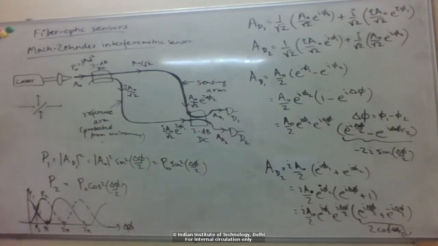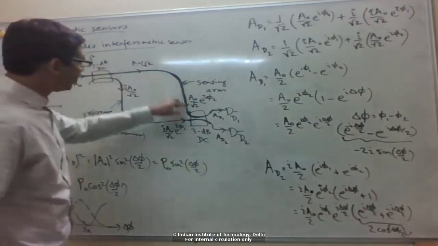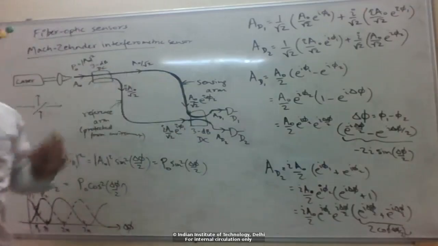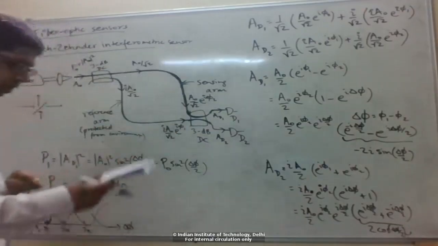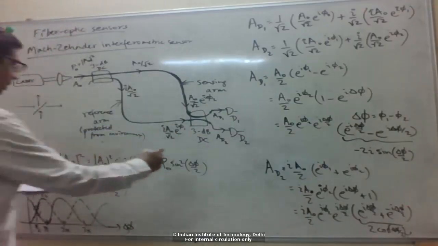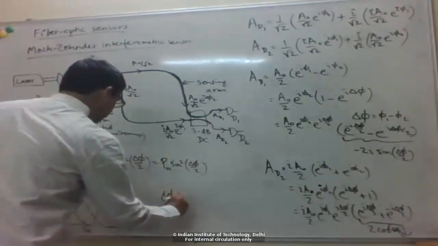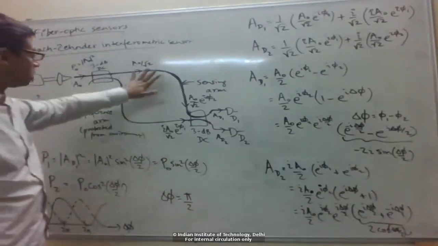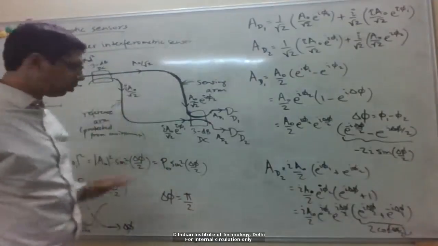So basically, you operate at a fixed phase difference of pi by 2 between these two arms, and look for changes around pi by 2 due to the external influence. So basically we are saying this delta phi is pi by 2 under normal circumstances without any external influence, right?